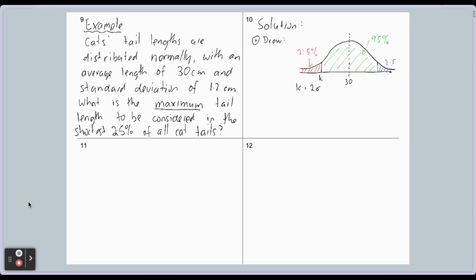So let's model that. This is how we write it. Let x be the random variable, r.v., of tail lengths.